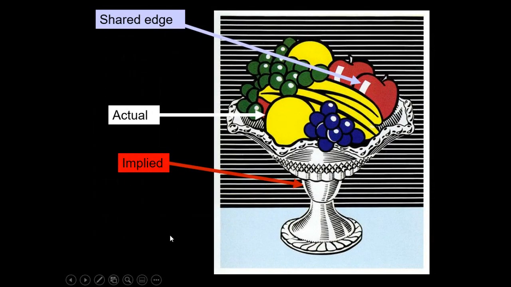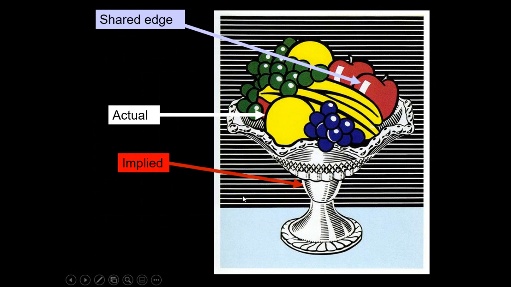This is a painting in a very Pop style that imitates the appearance of comic books by Roy Lichtenstein, and you can see he uses all of the cases I just showed you. There are actual lines around the outside of the shapes. There are shared edge lines where the white highlight on the apple just stops and the red starts.